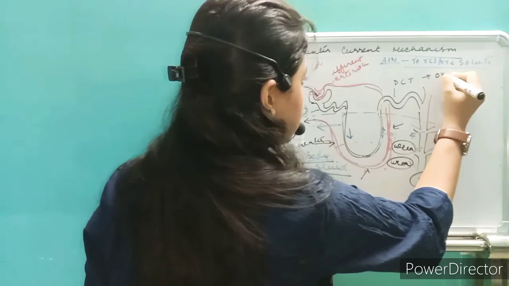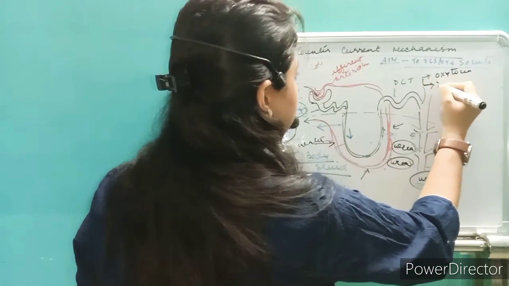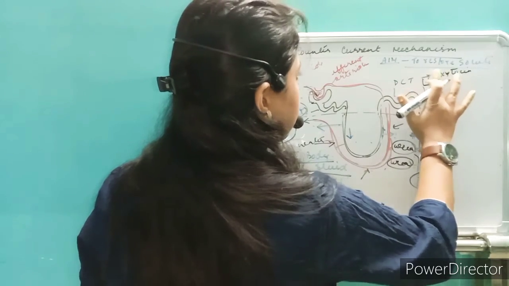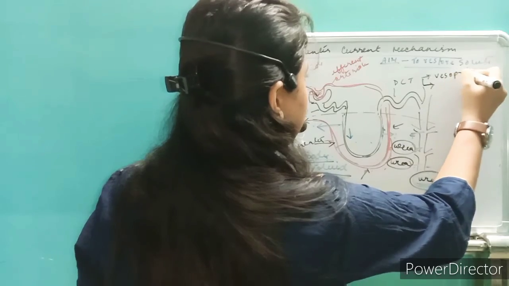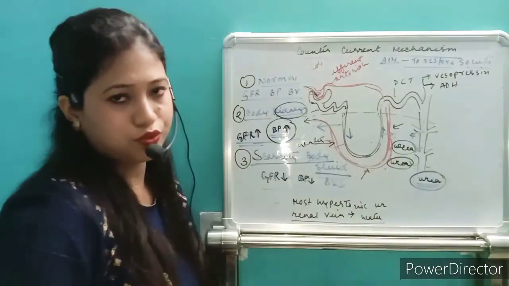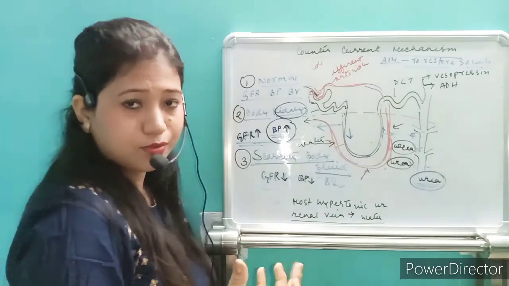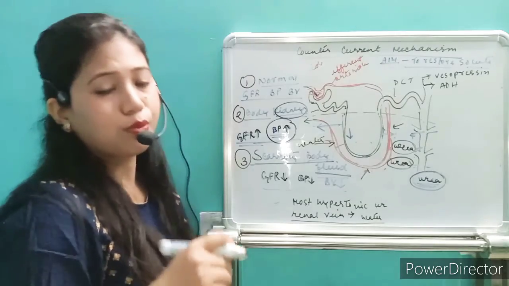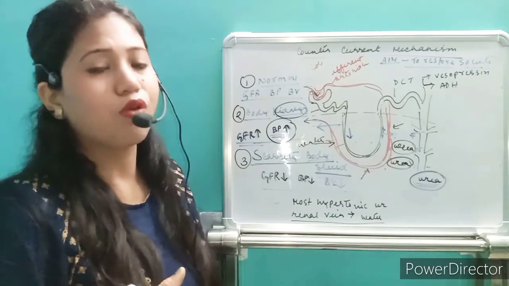One is vasopressin, and the second one is ADH, antidiuretic hormone. So whenever we have scarcity of body fluid, the levels of these two hormones, vasopressin and ADH, will rise.